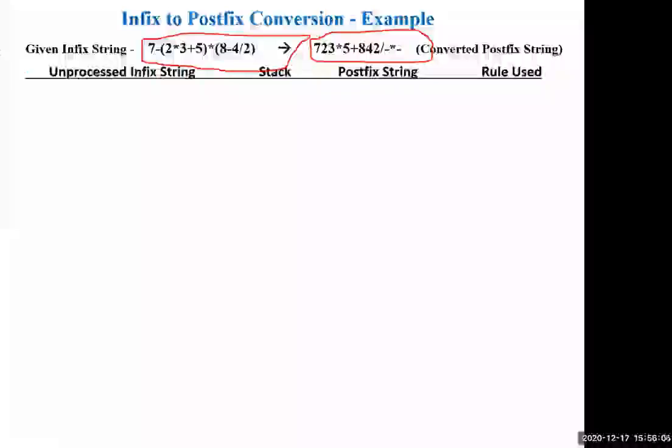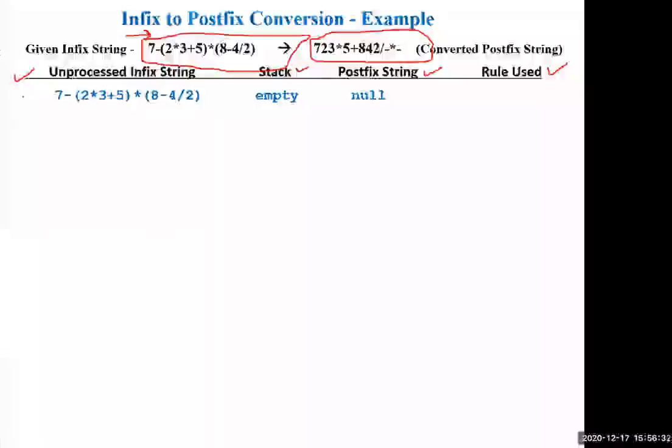What we are storing inside it is the unprocessed infix string. One by one we scan the characters from the left-hand side of the infix string and move some elements to the stack as per the logic, and move some elements to the postfix string, which is the final output. We are also indicating which rule of the algorithm we have just discussed is used. So let us start.